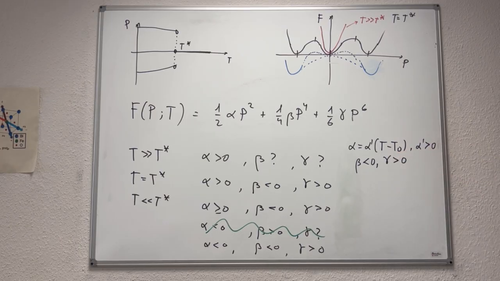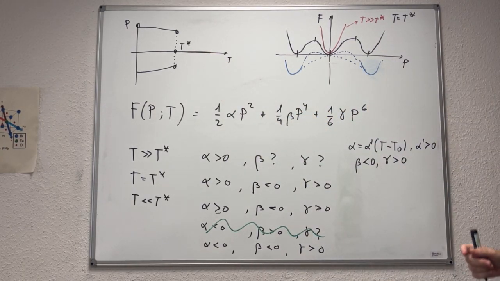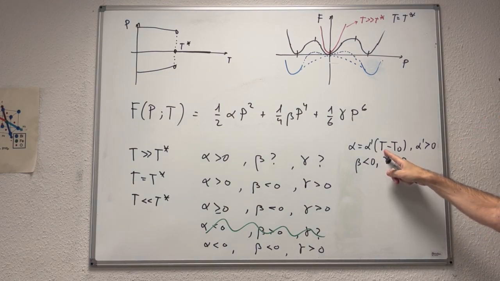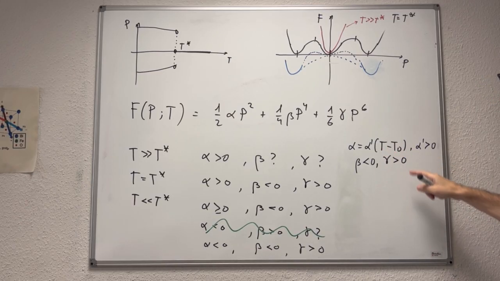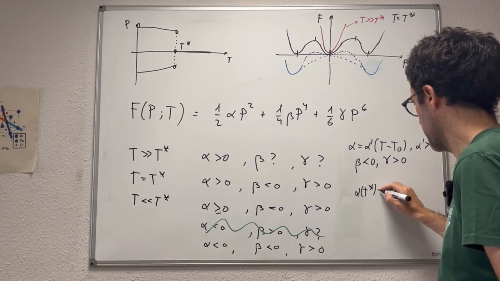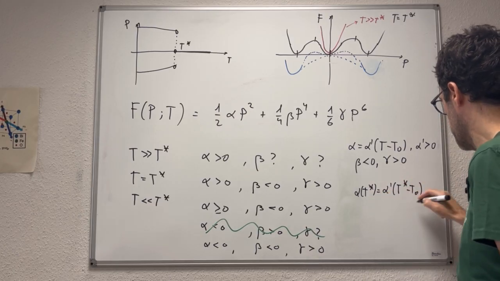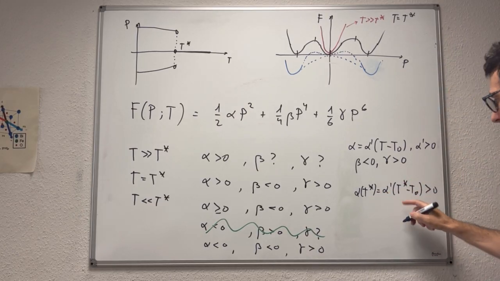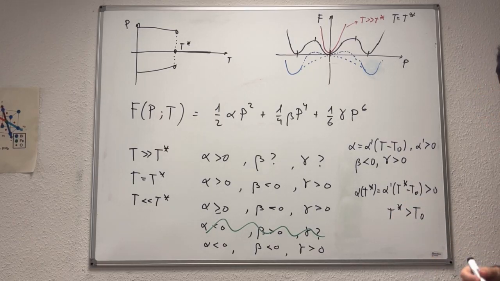Now this T0 is different from T star. It's a different temperature. In fact, when T equals T star, we need alpha to be positive, so T0 has to be smaller than T star for that to happen. Alpha at T star would be alpha prime times (T star minus T0), and we need this to be positive. So necessarily T star is bigger than T0.